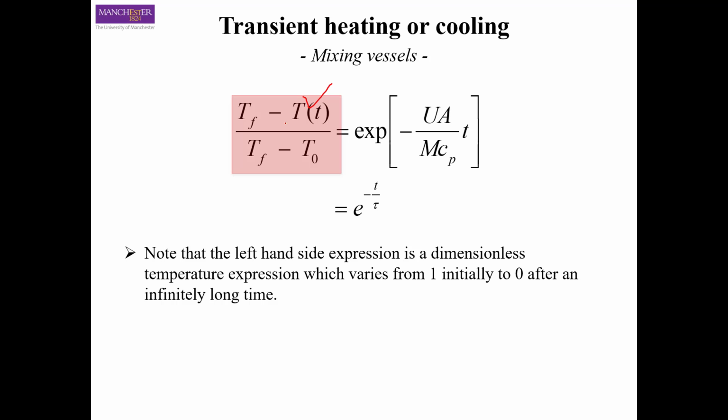It means that after infinite time, this whole fraction will become 0. It starts from 1 when the time is 0, but when you give infinite time, this temperature will become Tf as well, and then this whole fraction will become 0.